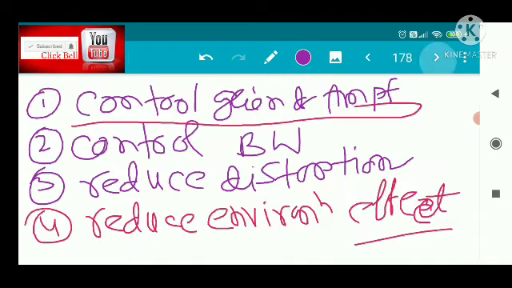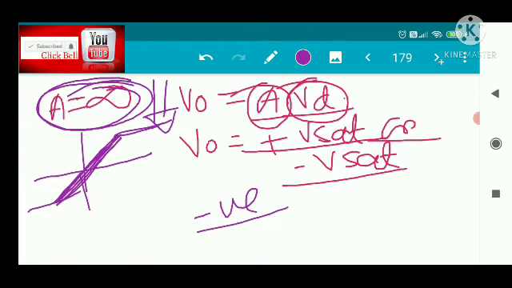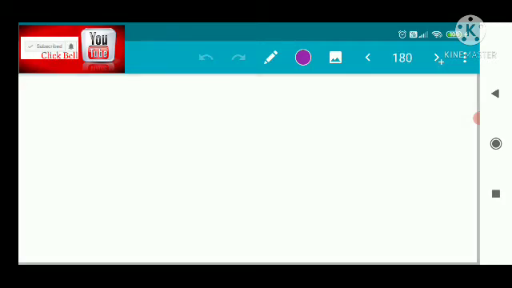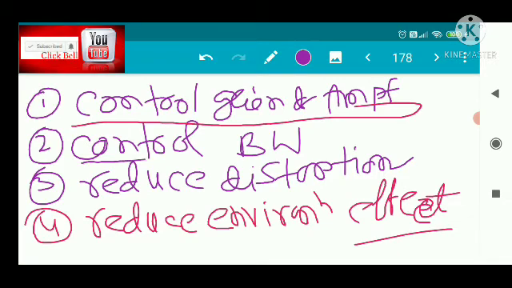Also, if the gain is reduced, then in the frequency response of the amplifier, all of you know that gain times bandwidth equals a constant. So if gain is reduced, the bandwidth must increase. That is why it is written that we control the bandwidth, meaning the bandwidth also increases.